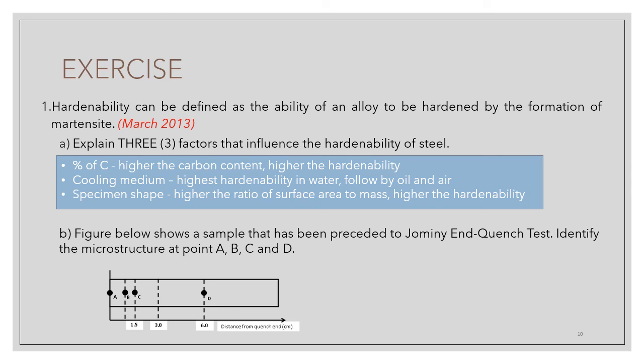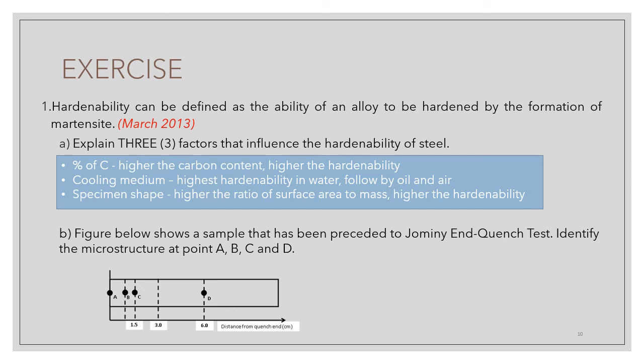Okay, we move on to question number B. The figure below shows a sample that has been subjected to the Jominy End Quench Test. Identify the microstructure at each point A, B, C, and D. So this is the point where it first hit the water jet, and along the way it becomes more distant.